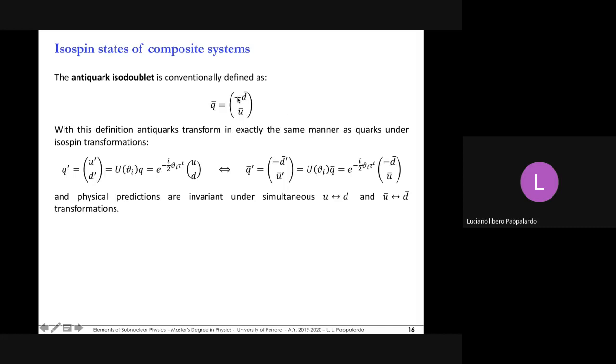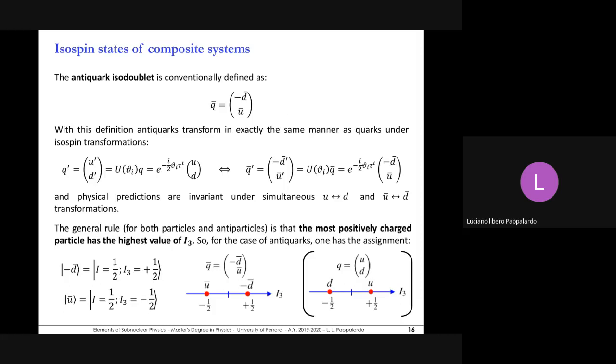And this definition with this minus sign is not, of course, casual, but it is such that both quarks and antiquarks transform exactly in the same manner under the isospin transformation if you use this definition for the antiquark isodoublet. As a consequence, physical predictions, with this convention, are invariant under simultaneous up-down or anti-up, anti-down transformations.